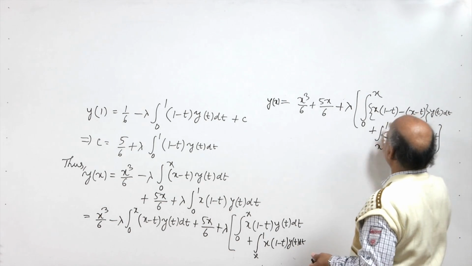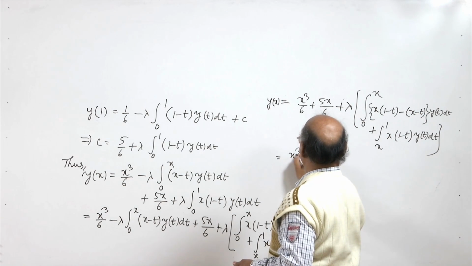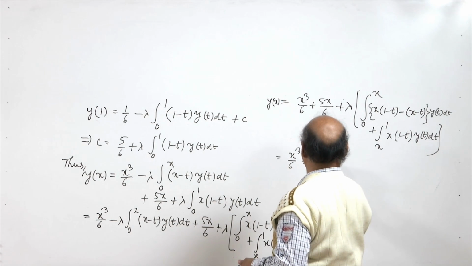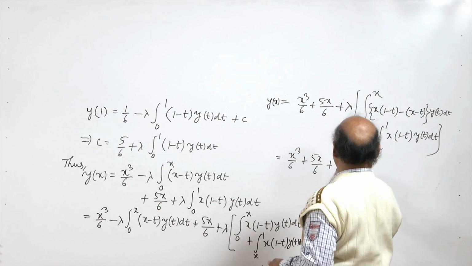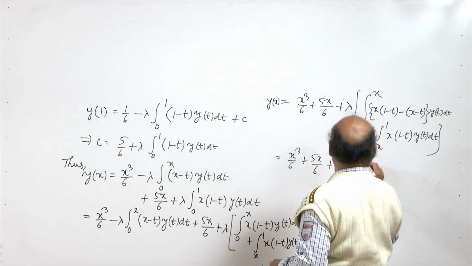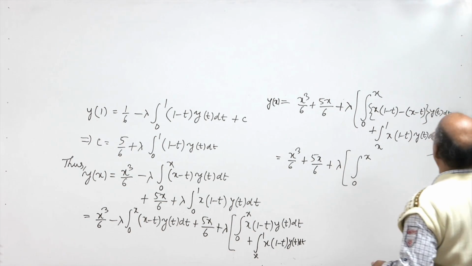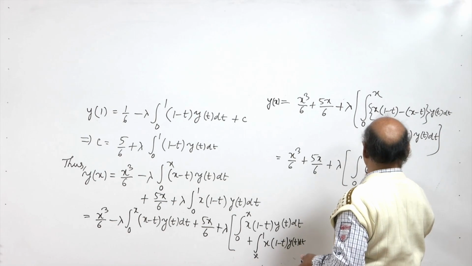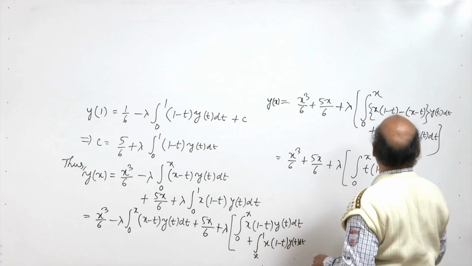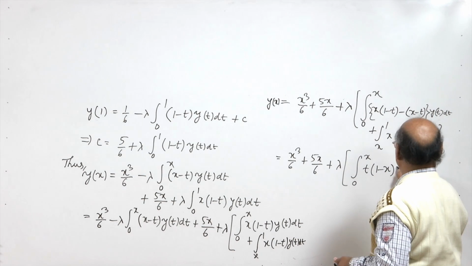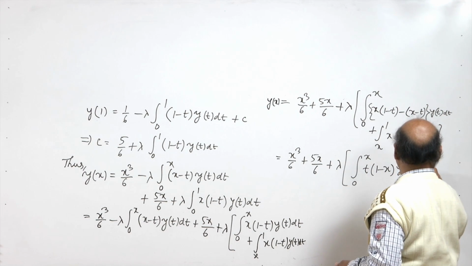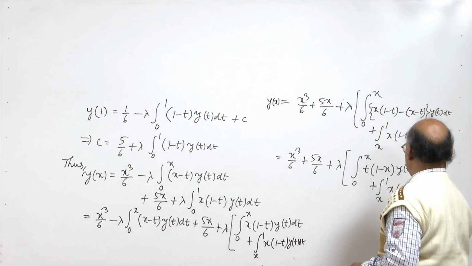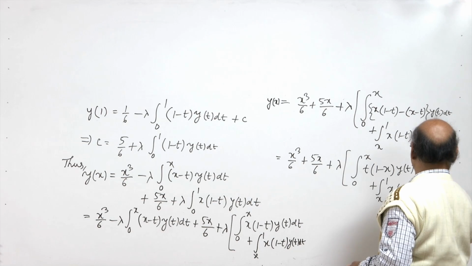If you simplify this, what we get is x cube by 6 plus 5x by 6 plus lambda times integral 0 to x. Here we have x minus xt minus x plus t. So we have t times (1 minus x) y(t) dt plus integral x to 1 x times (1 minus t) y(t) dt.